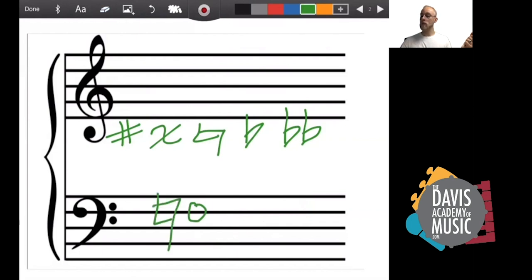Now the natural has to be right in between the line, or the line should be dissecting the natural rather. Now if we're going to use a double sharp or a double flat, it's the same thing. We want to make sure that the X is right there in the center of the note we're modifying.